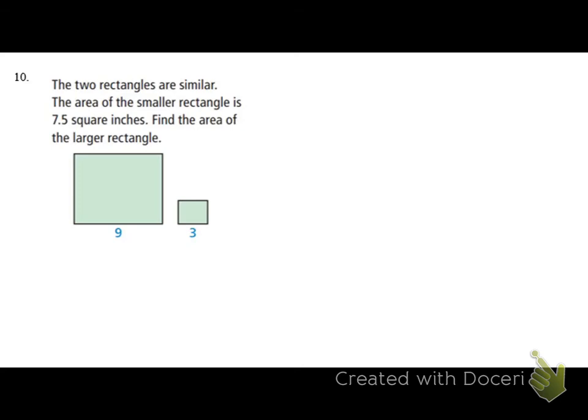Then the last one, the two rectangles are similar. The area of the smaller rectangle is 7.5 square inches. So let's just go ahead and fill that in. The area of the smaller is 7.5 square inches. Find the area of the larger.